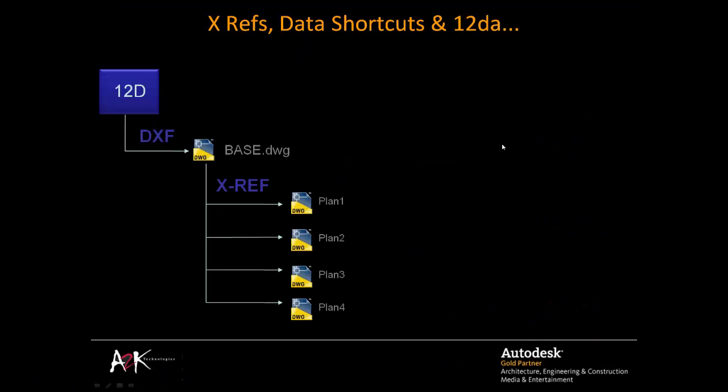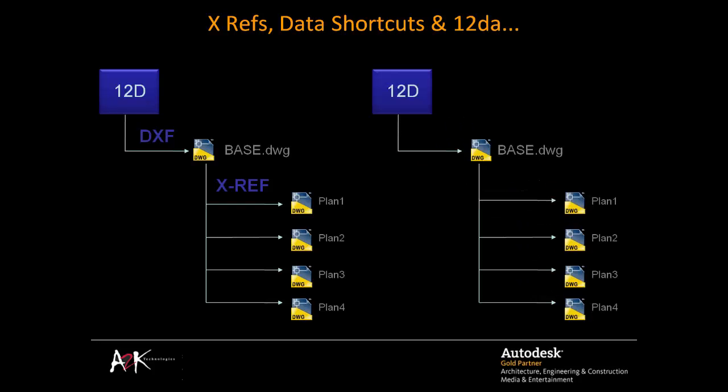So that's derefs. Now, when you look at the overall process, when you incorporate 12D into this, what usually happens is that 12D gets put into that base drawing via DXF or DWG export, and the various XREFs get created from there. What we're doing in this case is we're making the exact same hierarchy where we've got the 12D and the base drawings and the plan drawings.